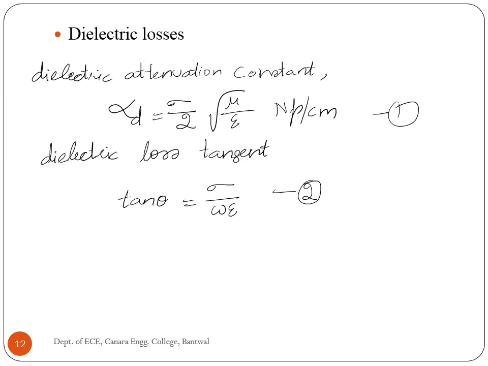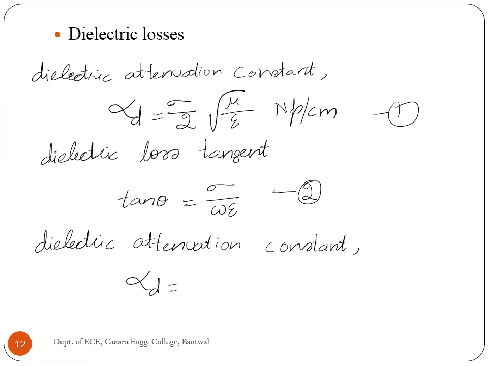Then, substituting equation 2 in equation 1, we will get the dielectric attenuation constant as root of permeability into permittivity into tan theta.